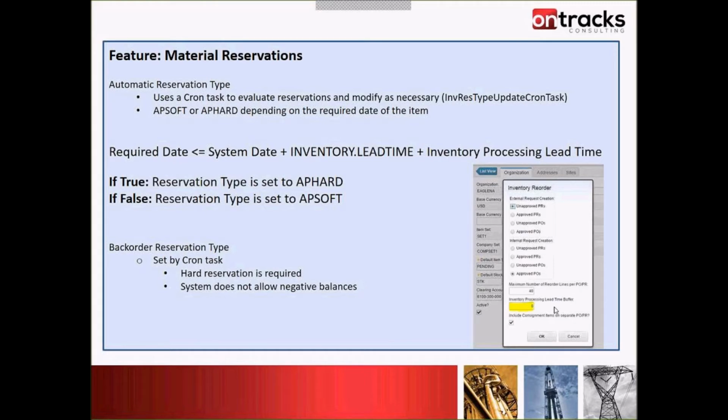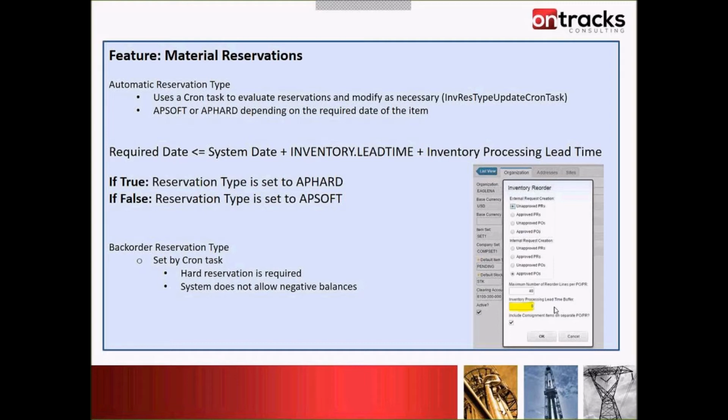That essentially means that your required date is within the lead time and the inventory processing time, so it is time sensitive. If it's set to false, there is no time sensitivity, so you're outside of the lead time period.